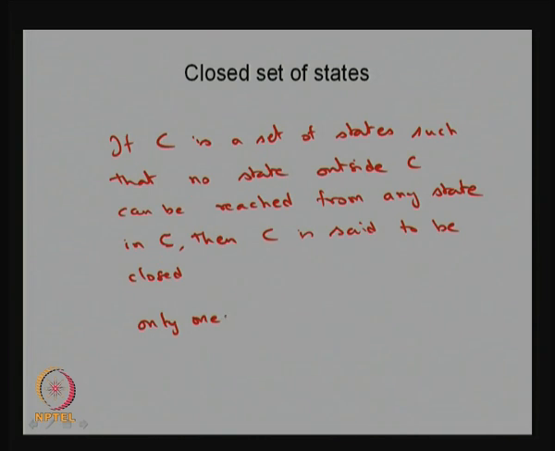If a closed communicating class has only one element in capital C, that means you cannot include one more state and still make it a closed communicating class, then the state i is called an absorbing state.